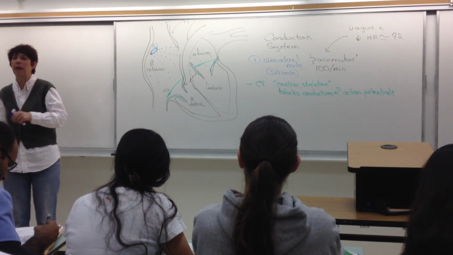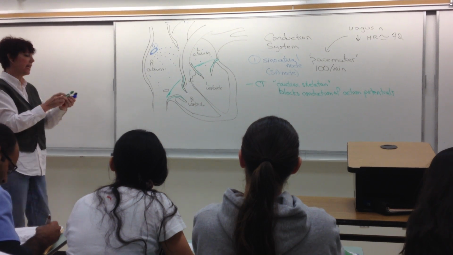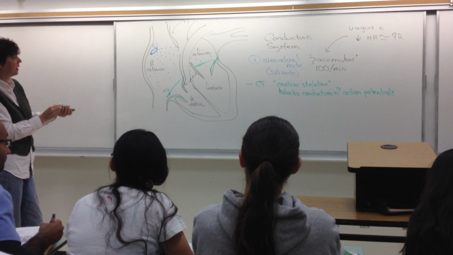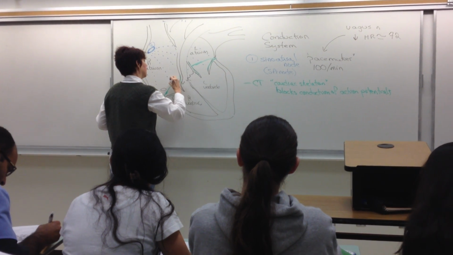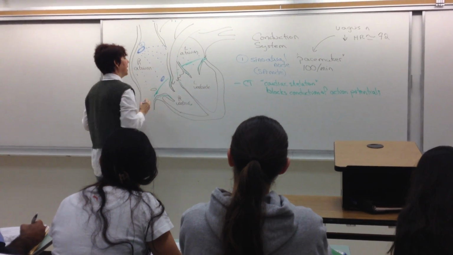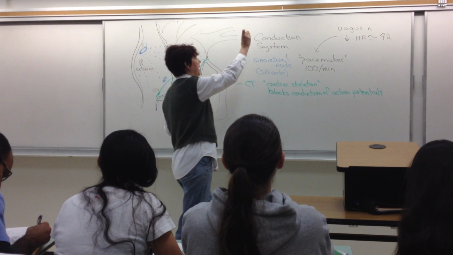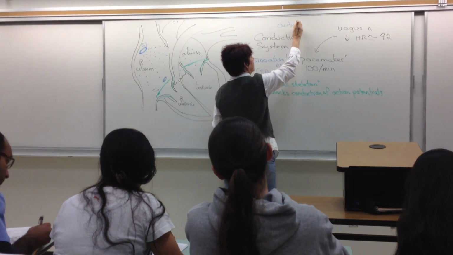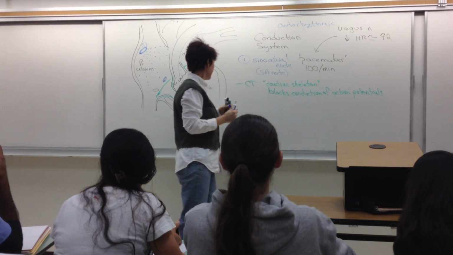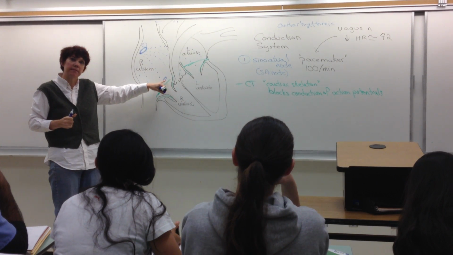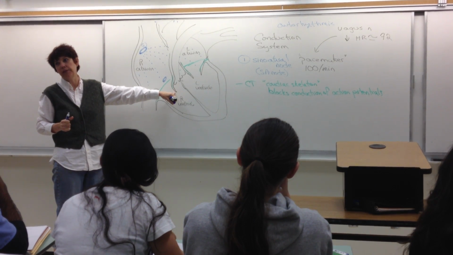We have to make our way through that blockage if we're going to get that electrical current going again in the ventricles. And so there is another point of autorhythmic cells, meaning they depolarize on their own, located just in the interatrial septum, down near the atrioventricular valve on the right side.